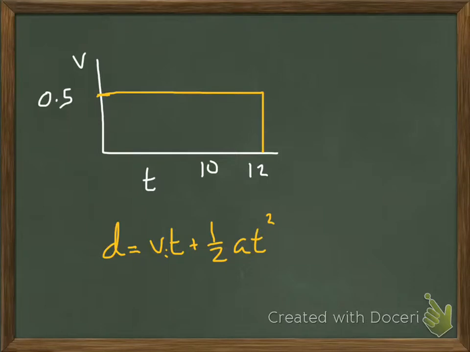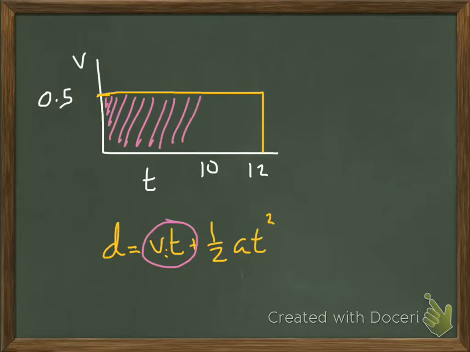The velocity is 0.5, the time is 12, 0.5 times 12, it makes a nice rectangle on our vt graph there. Remember, distance is the area under the curve of a vt graph. So the area of that rectangle is essentially the velocity times the time. Let me show you here with my pink marker. That term refers to the area of that rectangle.